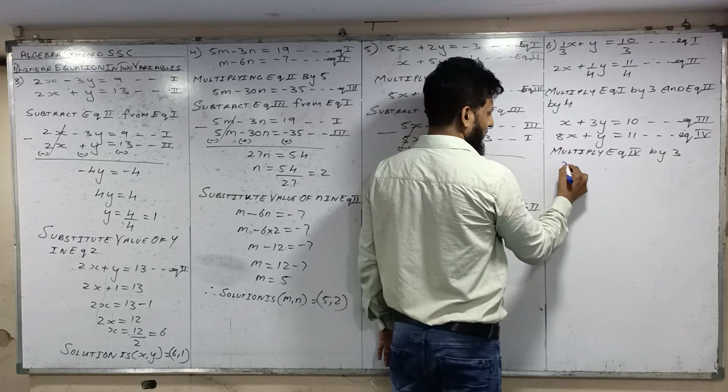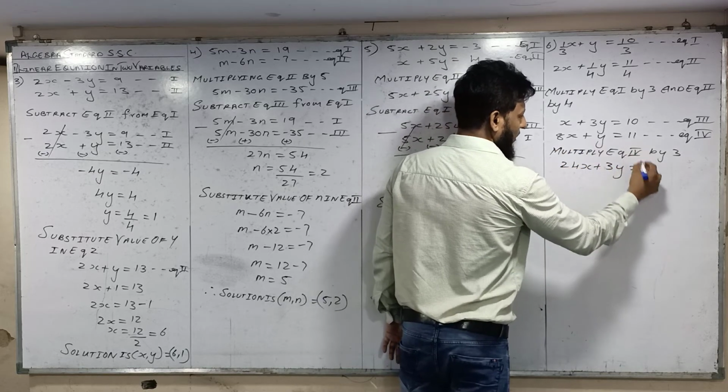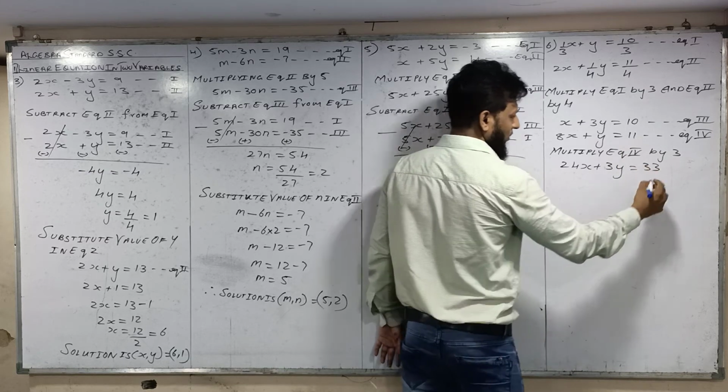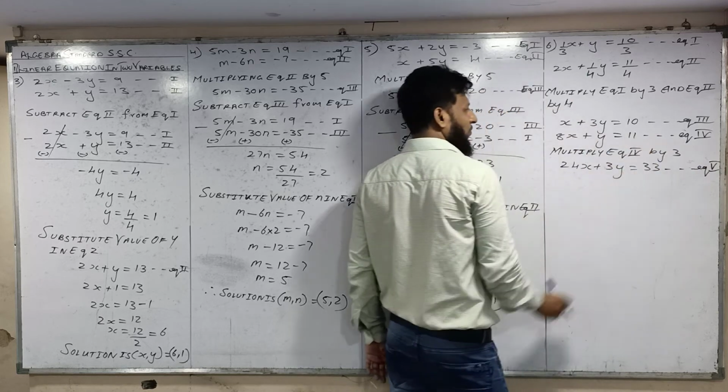So 3 8s are 24x, 3 into y is 3y, 3 11s are 33. This is our new equation 5 we get from equation 4.